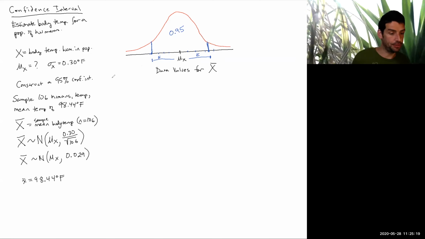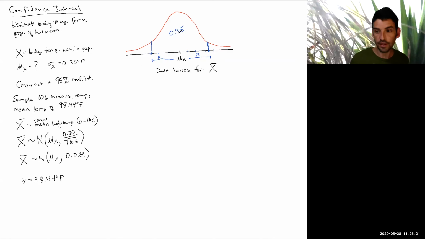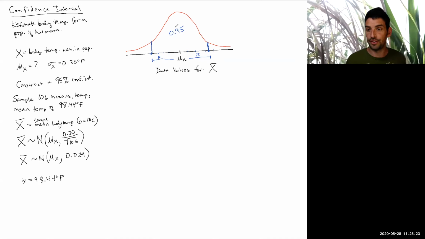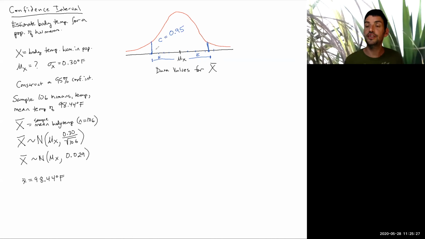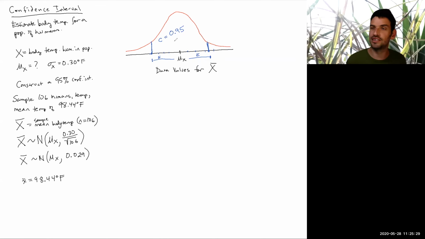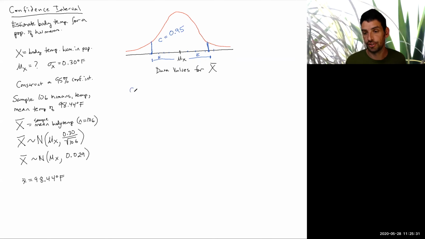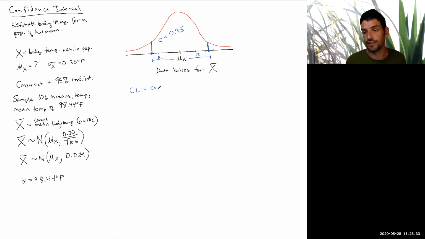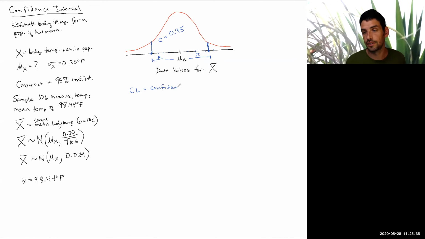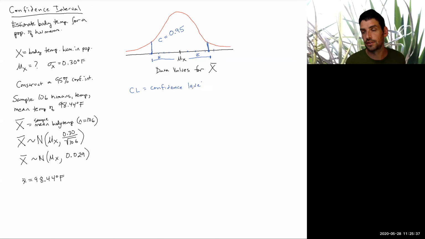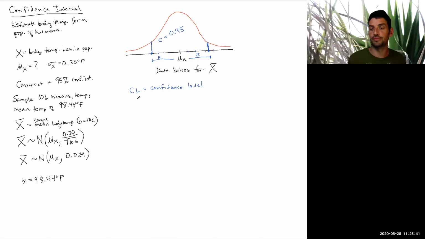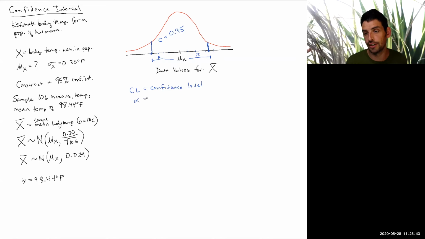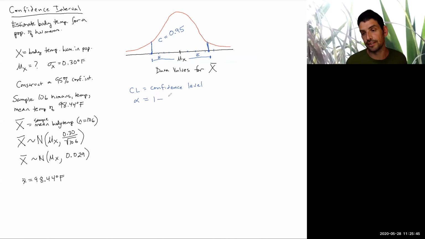So let's try to compute this error. This 95% is what we call C, the confidence level, or CL sometimes. We'll also have another variable we sometimes use called alpha, which is just 1 minus CL.